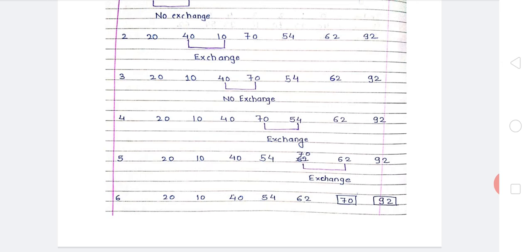In step number 5, 70 is compared with 62. Yes, 70 is greater than 62, so an exchange is required. That means 70 is written in place of 62 and 62 is written in place of 70. After pass number 2, we get the second largest number in the list. Then we will mark it here.